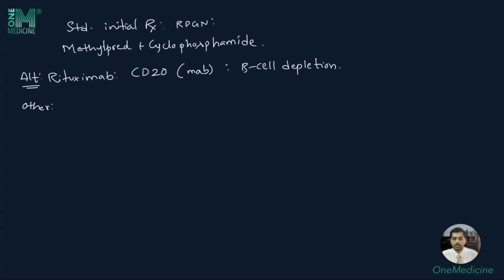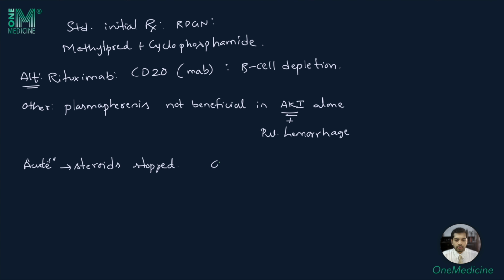Other modalities include plasmapheresis, but this is not beneficial in acute kidney injury alone. It may be used when it is associated with pulmonary hemorrhage. Cyclophosphamide, on the other hand, is continued until stable remission, which usually takes up to 3 to 6 months.